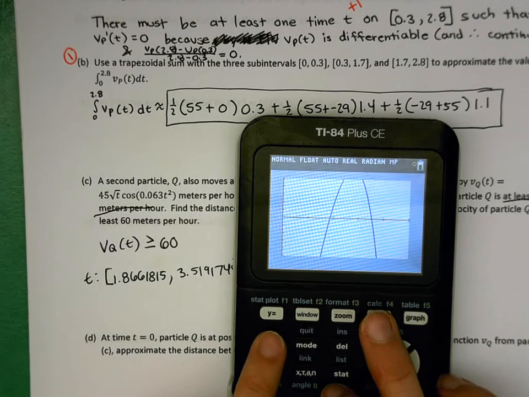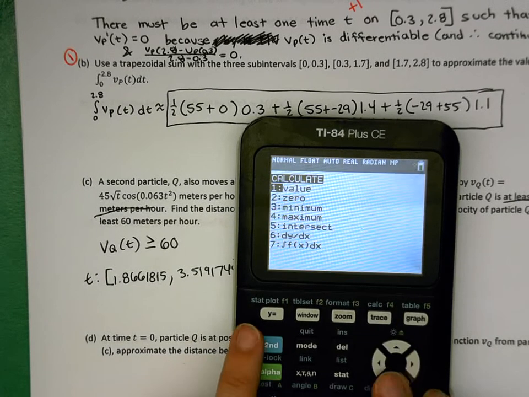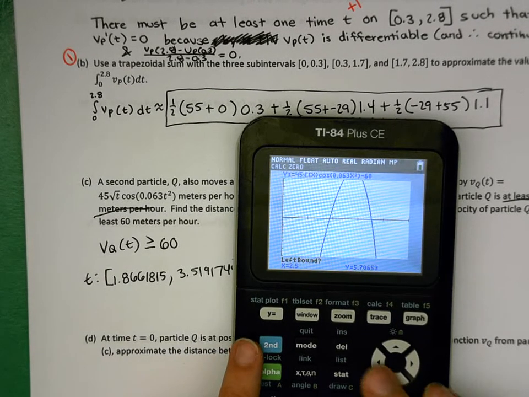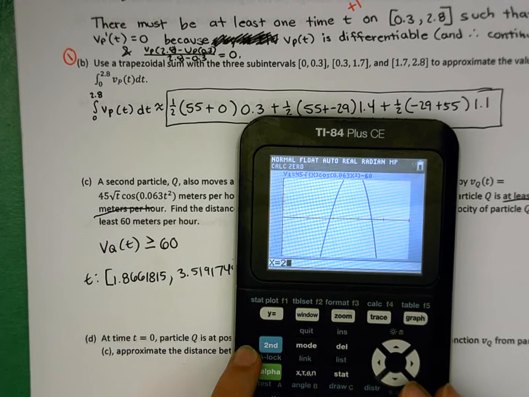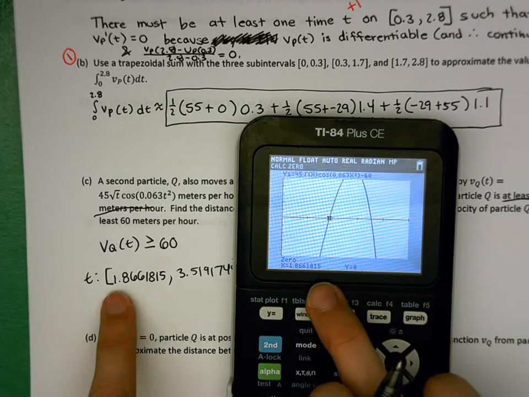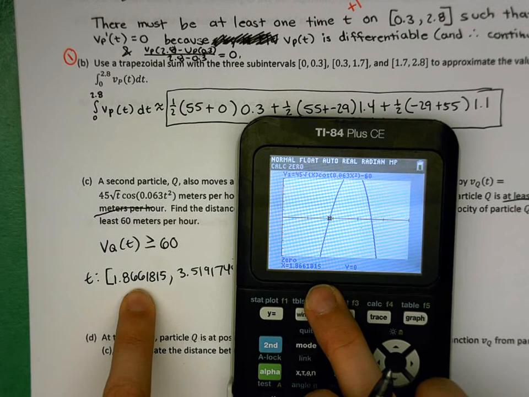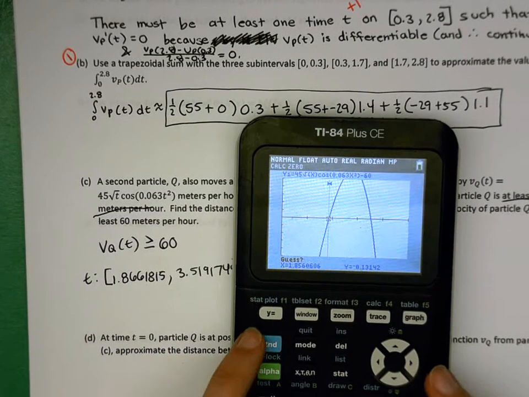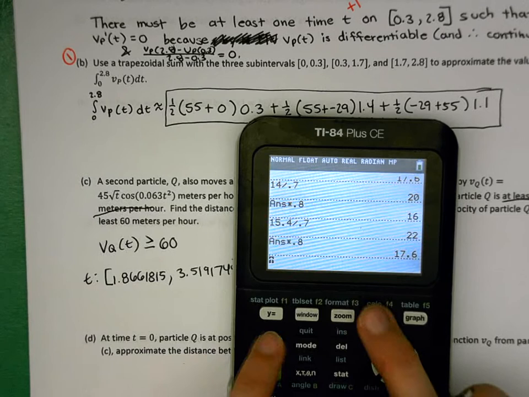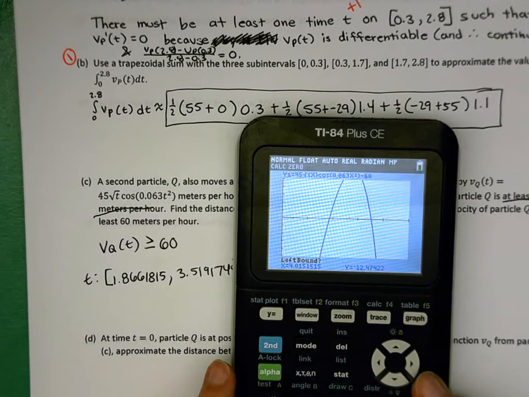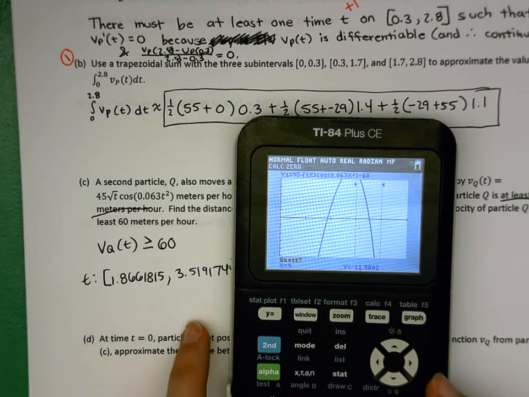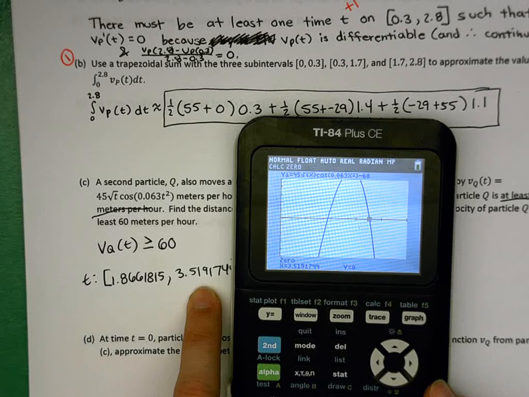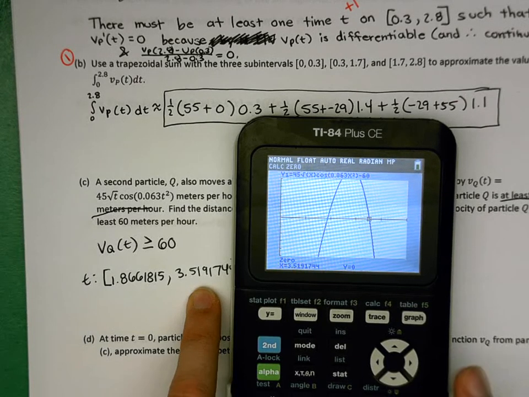And so then if you calculate your zeros, left bound 1, right bound 2, you get the same two values, 1.8661815, and then same thing over here, 3.5191744. Okay, so you could calc zeros instead if you wanted.